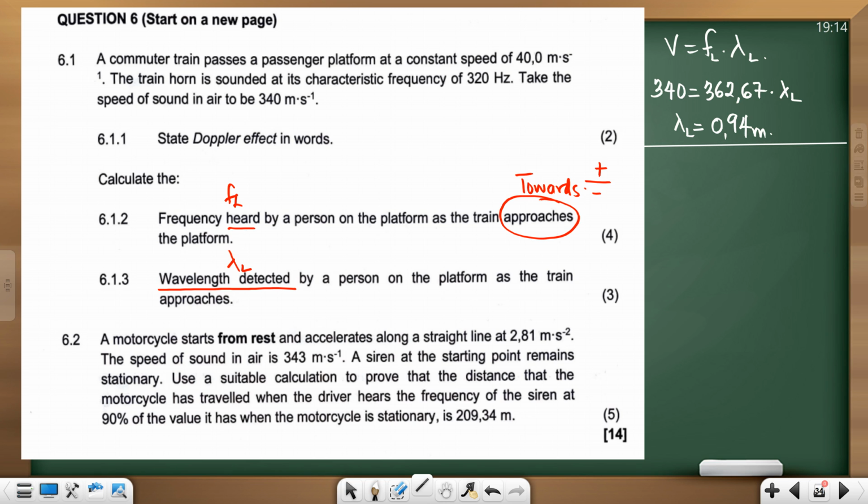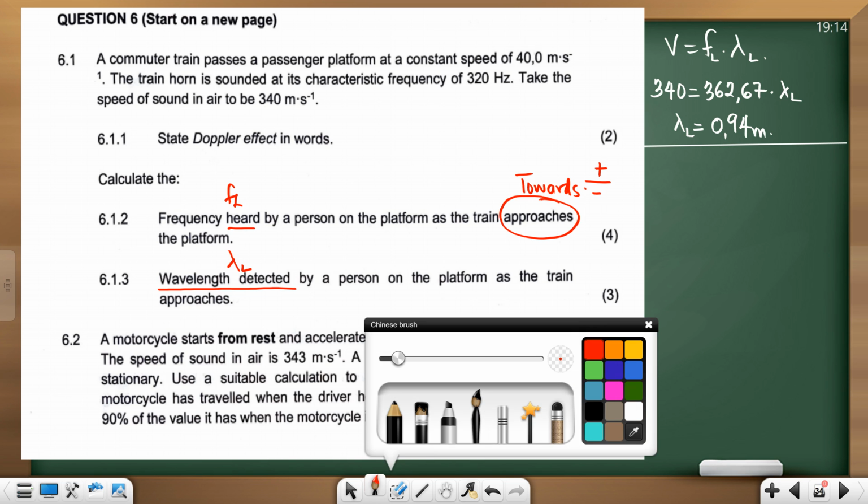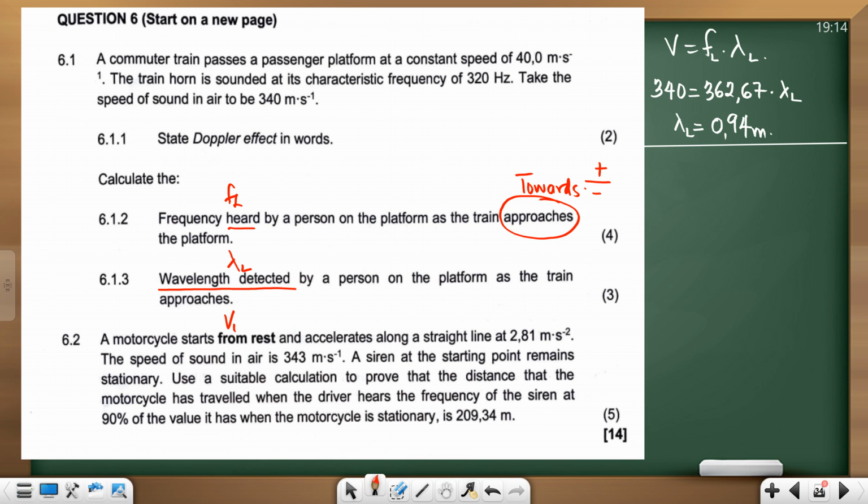Please. Now the next question says, a motorcycle starts from rest. What does that tell us? Initial velocity is 0. And accelerates along a straight line at 2.8. So I'm quickly doing a stock take there. See what I have.